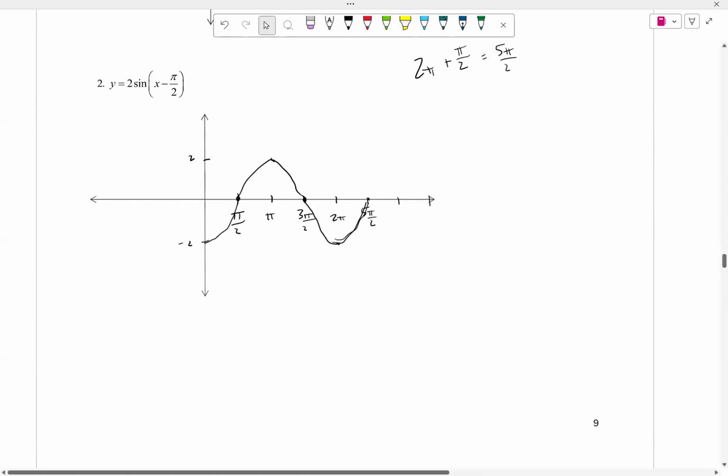Oh, no, I went backwards, so this is our normal, our fundamental period right there. There's the sine wave, cut into four pieces. I just traveled backwards. Yeah.